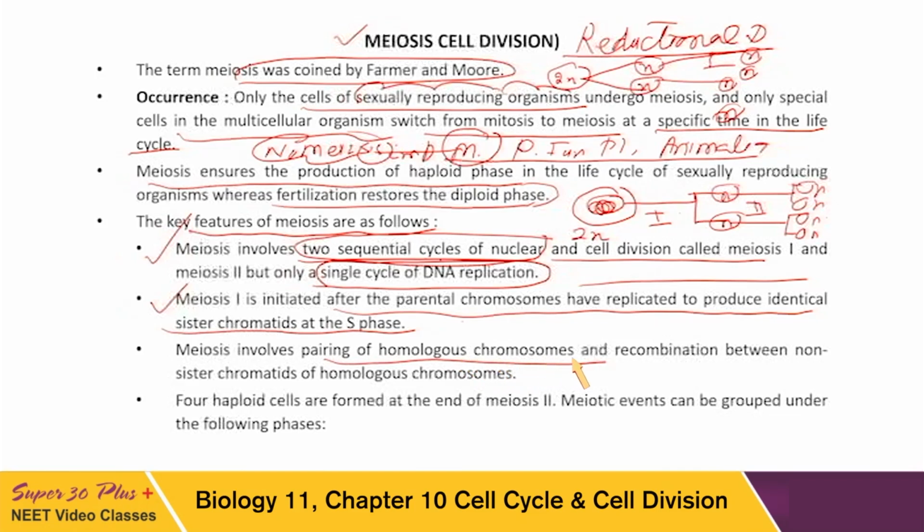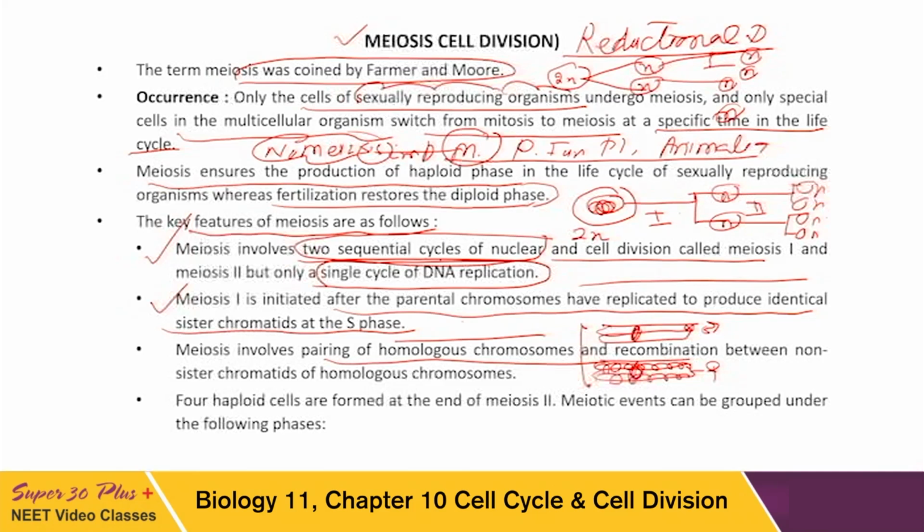We have to see the meaning of homologous chromosome. One chromosome has come from the father, and the other chromosome of the same structure and morphology has come from the mother. So this pair is known as a homologous pair of chromosomes.